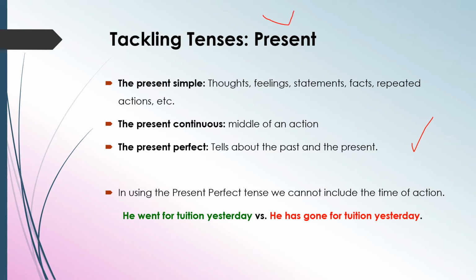We already know that we have 4 different forms, but here we are talking about only 3 because perfect continuous is just a mixture of continuous and perfect. So in present simple, we have thoughts, feelings, statements, facts, and repeated actions. For those things, we just use present simple.